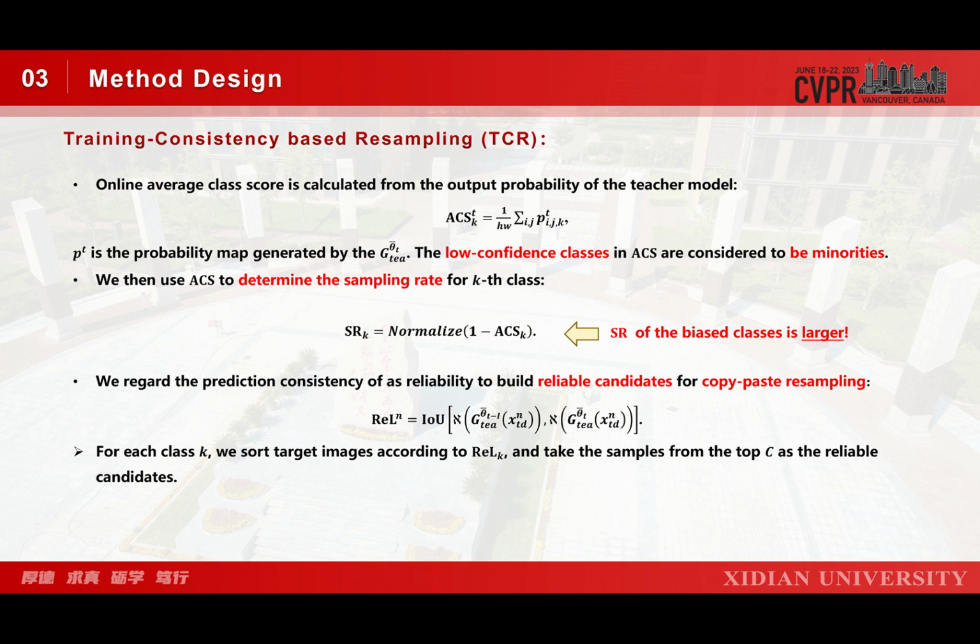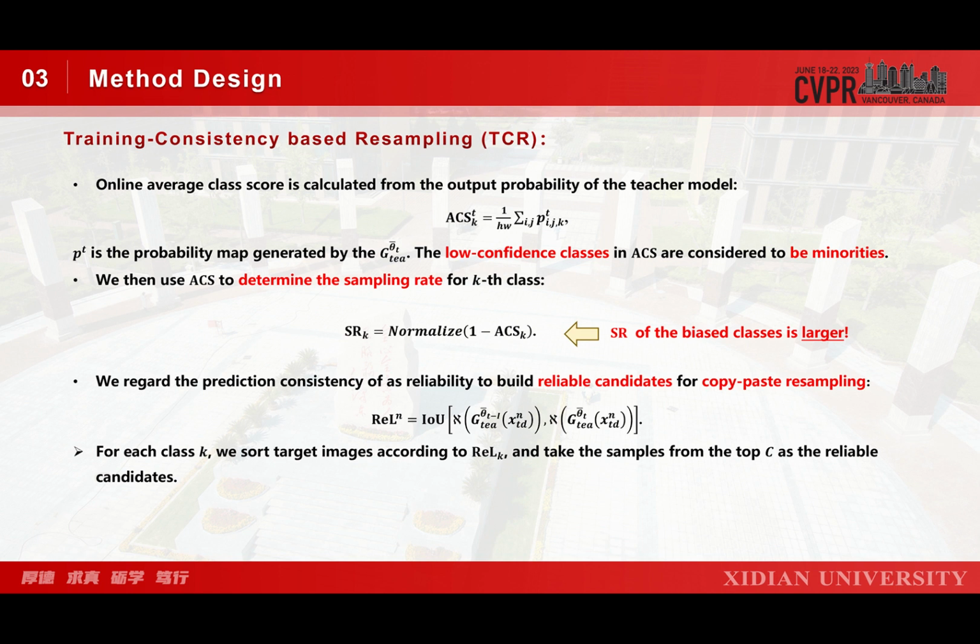Therefore, we explore a new way for copy-paste. First, we calculate the online average class score from the output of the teacher, and the low confidence classes in ACS are considered to be minorities. We then use ACS to determine the sampling rate for each class, and the sampling rate of the minority class will be greatly improved.